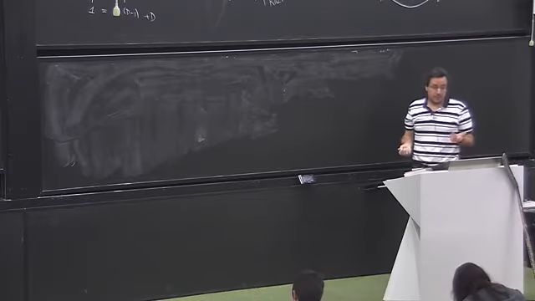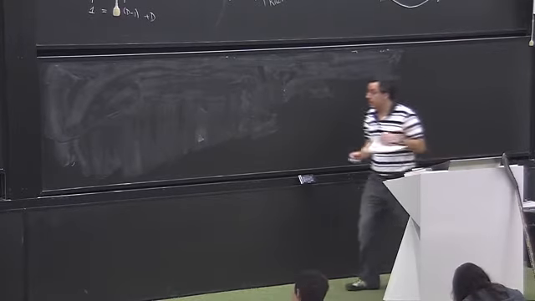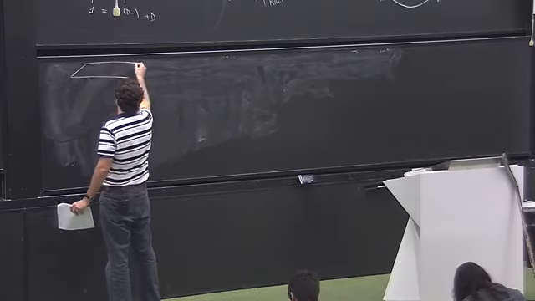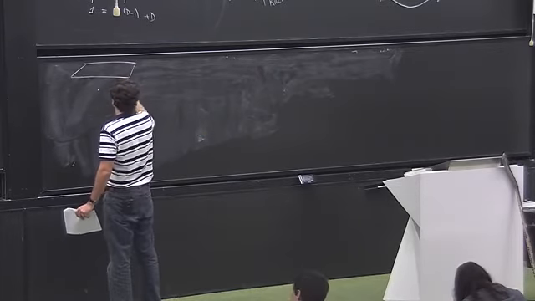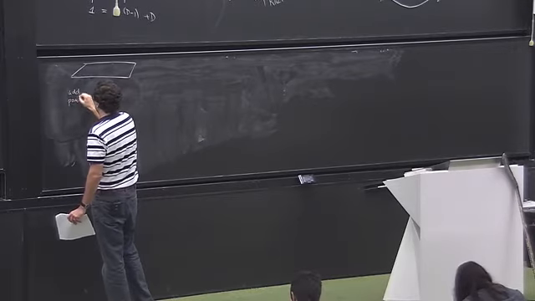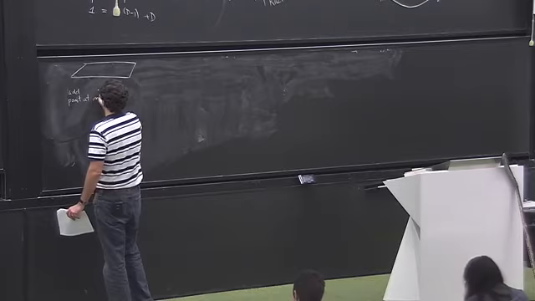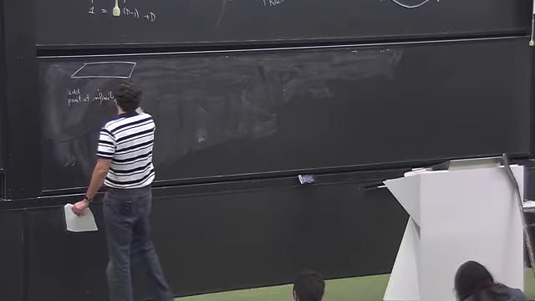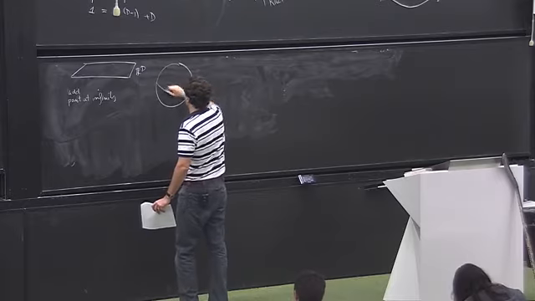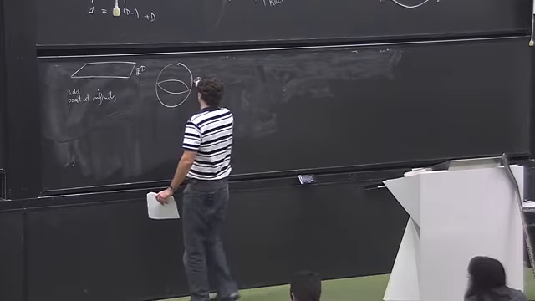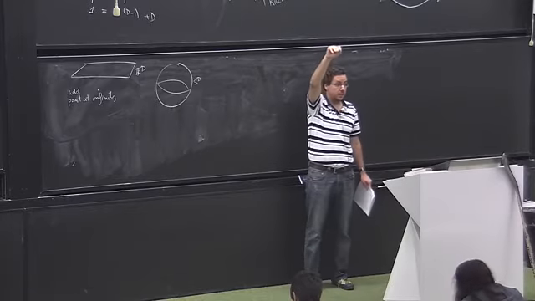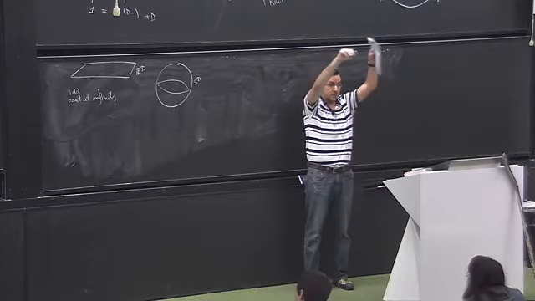In the case of Euclidean signature, essentially what this does is give you the d-dimensional sphere, right? Is this clear, that if you add a point to the plane, you get the sphere? Geometrically, it should be quite clear.